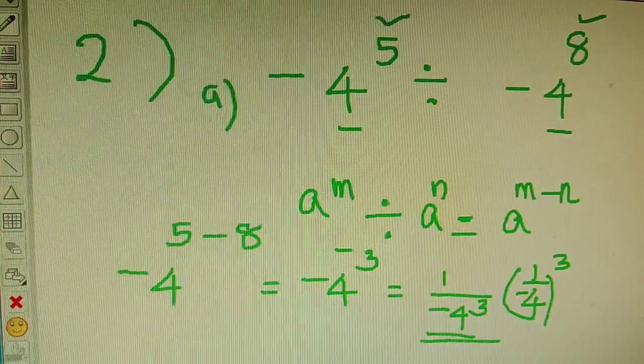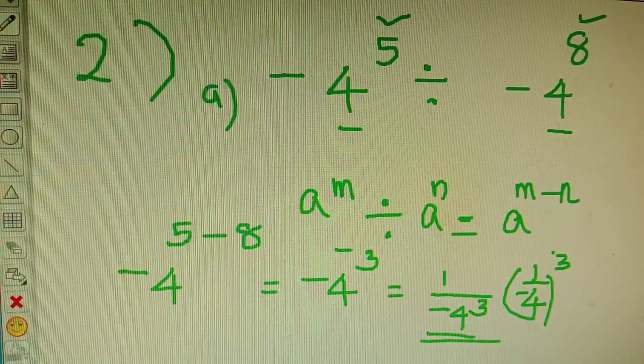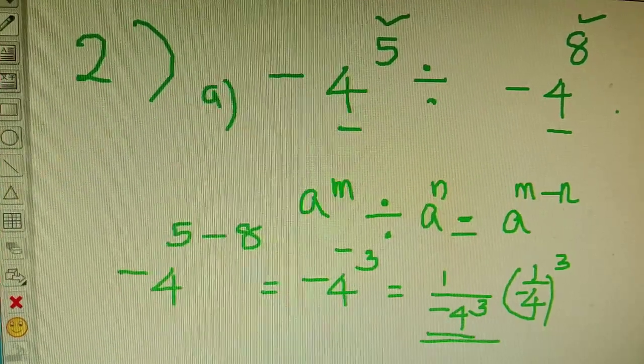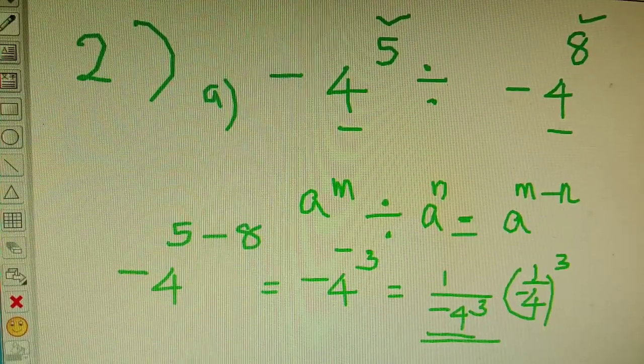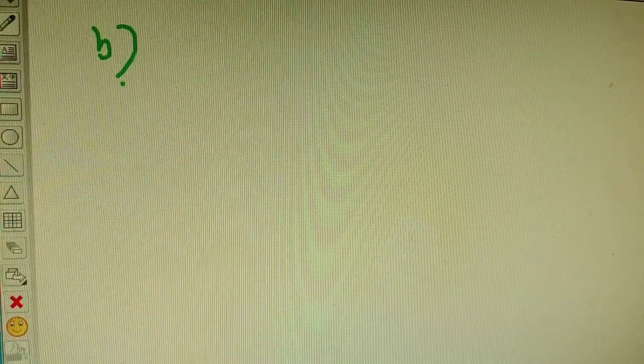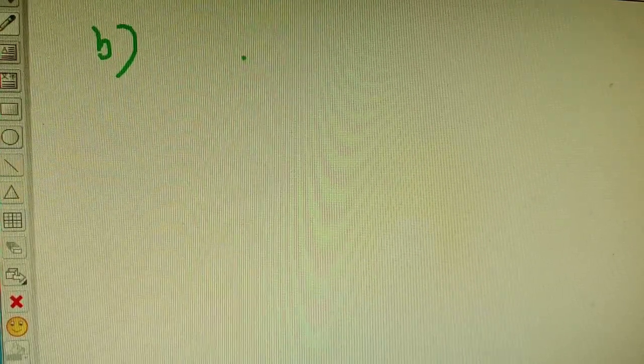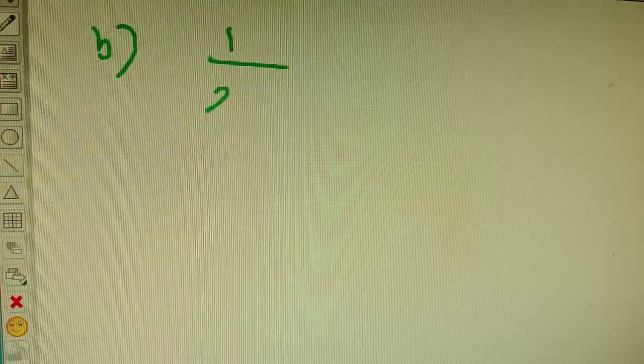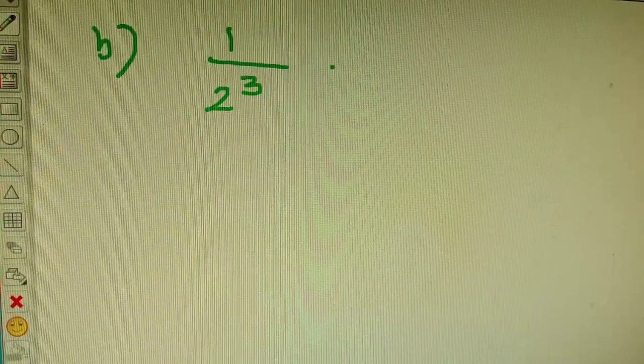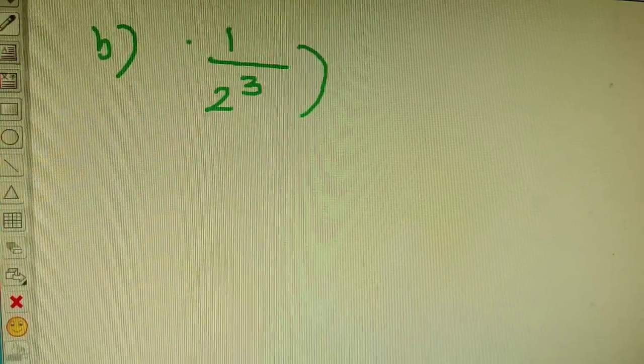Okay, that is the first option of question number 2. Now we can move to the next question, that is B of second question. The question is this way: 1 by 2 to the power of 3 whole to the power of 2.